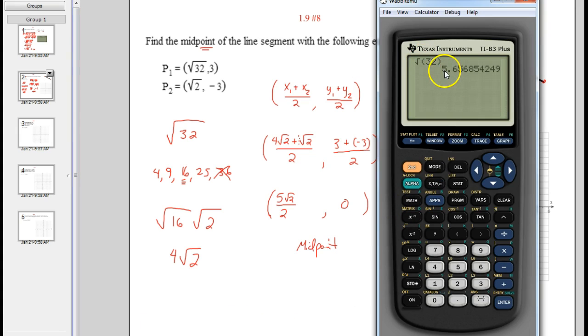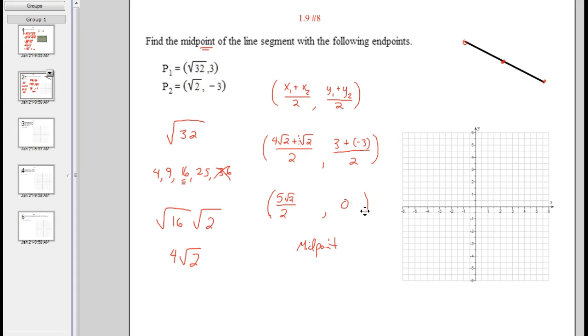Alright, remember the square root of 32 we said was about 5.66 roughly. So 5 2/3 right here, comma 3 would be roughly there.